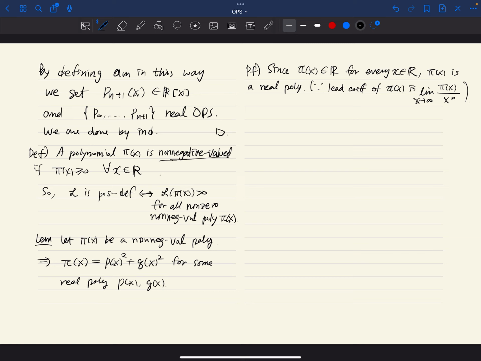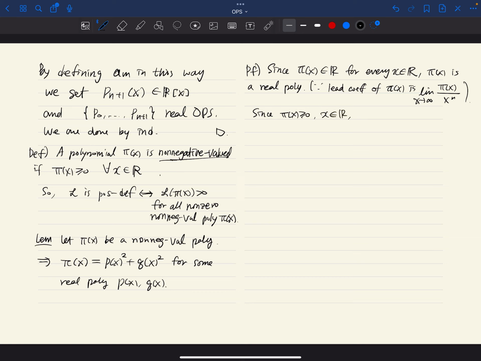So now we have a real polynomial, non-negative valued for every real number. Just imagine the graph of the function y equals pi of x, since pi of x is greater than or equal to 0 for all x.